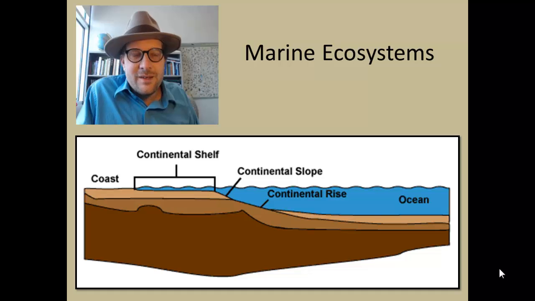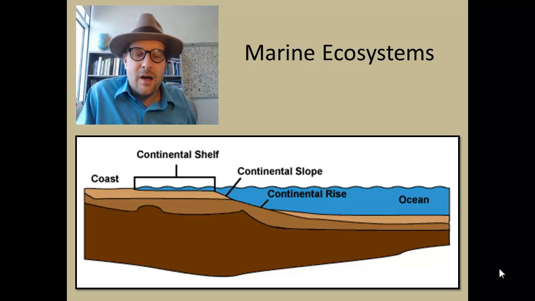Now, we live on land, and so many of us are probably not very familiar with what the marine ecosystem is. In the next few slides, I'll talk a little bit about the different terminology that we use for the different parts of the marine ecosystem. So this is a very simple diagram showing the transition from a coastline into the open ocean.